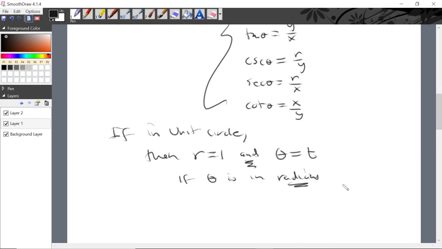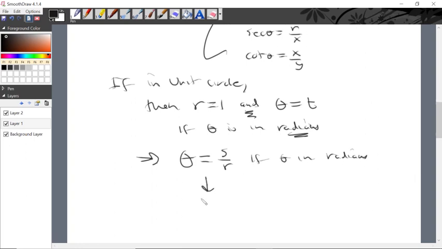We already stated this when we introduced the radian unit of measure, right? The definition of the radian is that theta is equal to s over r, if theta is being measured in radians.